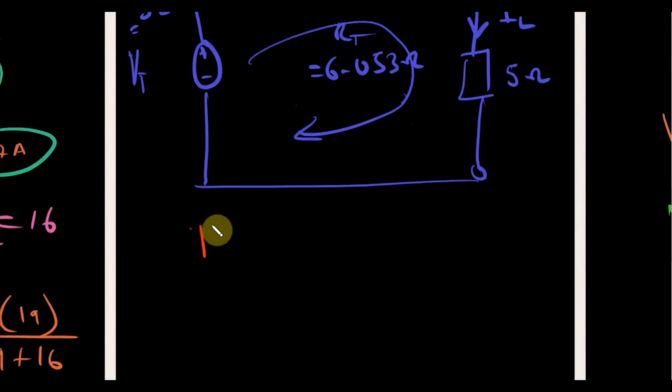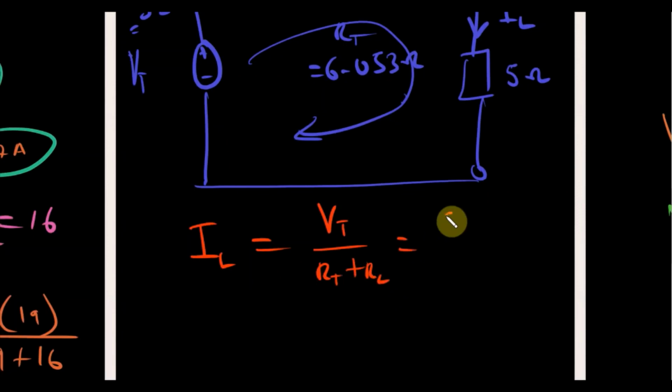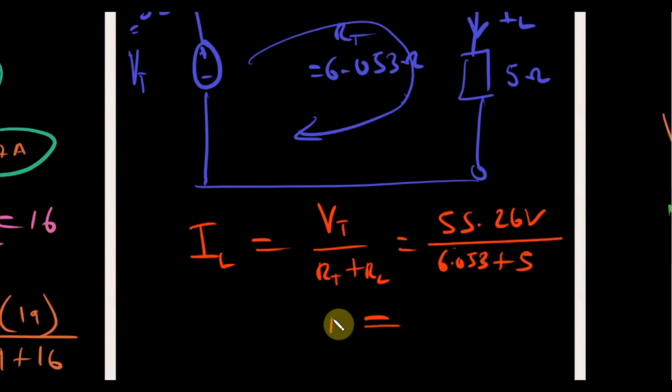We can just go ahead and do that. IL is equal to V Thevenin divided by R Thevenin plus R load: 55.26 volts divided by 6.053 plus 5.